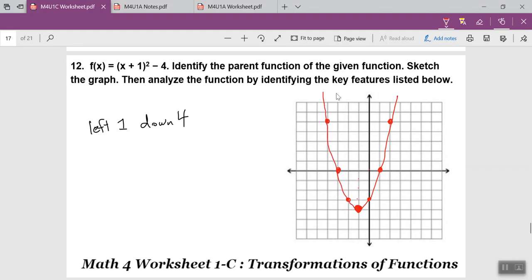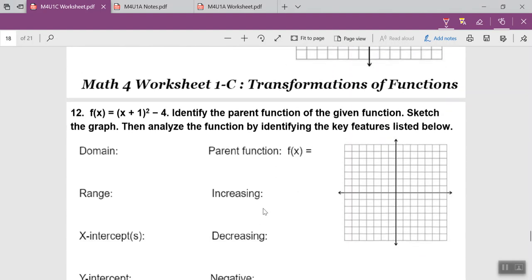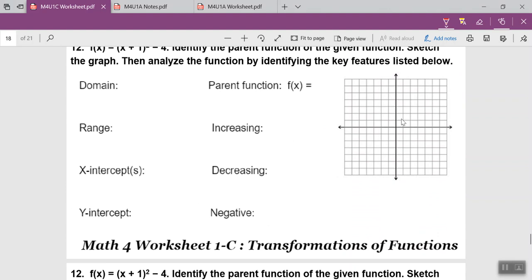Yeah, I probably made it look more like a V than I should. In any case, left 1, down 4. So here, left 1, down 1, 2, 3, 4. Bang, bang, bang. Mirror, mirror, mirror.